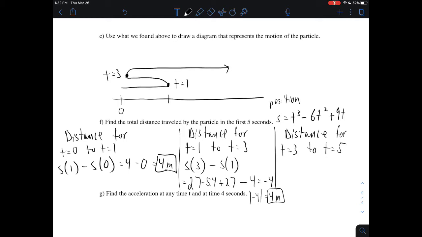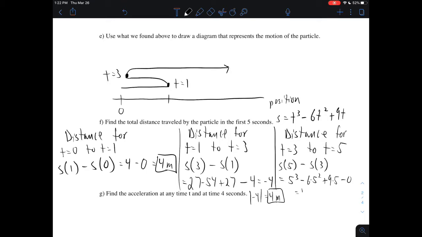And then finally, the distance from time equal 3 to time equal 5. So again, this is s of 5 minus s of 3. We already had that the position at time 3 was 0. So all we really need is just the position at time 5, which is 5 cubed minus 6 times 5 squared plus 9 times 5.